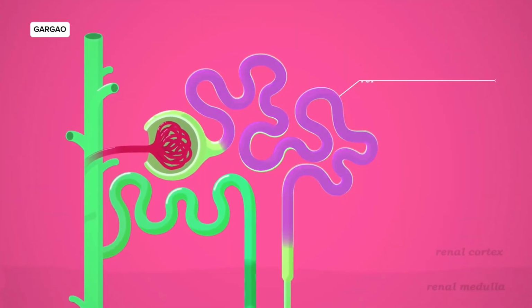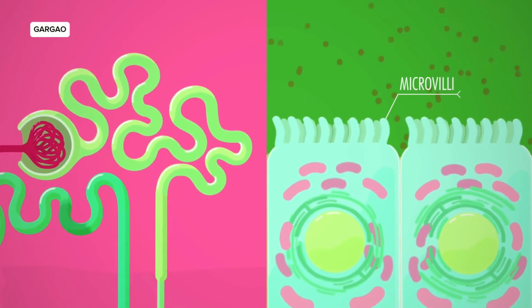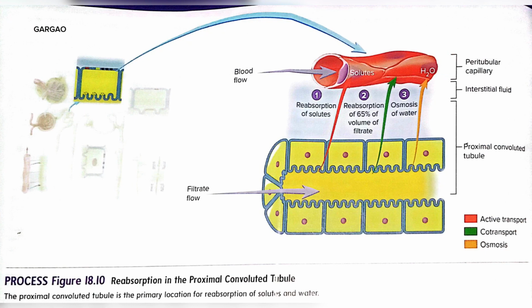The cells of the proximal convoluted tubule have numerous microvilli, which dramatically increase the surface area available for reabsorption. Reabsorption of most solutes is linked to the diffusion of sodium into the cells of the proximal convoluted tubule. There is a steep concentration gradient for sodium from the filtrate into the cytoplasm of the cells of the proximal convoluted tubule.